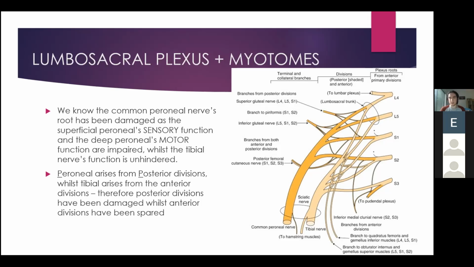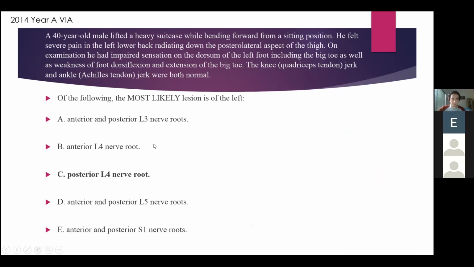Now, the common peroneal nerve comes from the posterior divisions, and then the anterior divisions give off the tibial nerve. In this question, the person has impaired sensation on the dorsum of the left foot, including the big toe, and weakness of foot dorsiflexion and extension of the big toe. So we know that they've damaged their peroneal nerve.